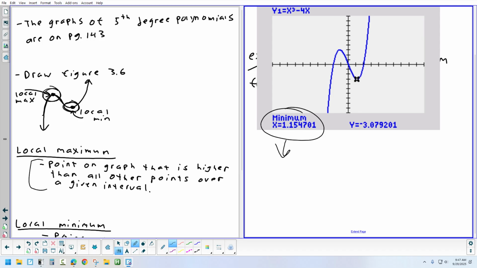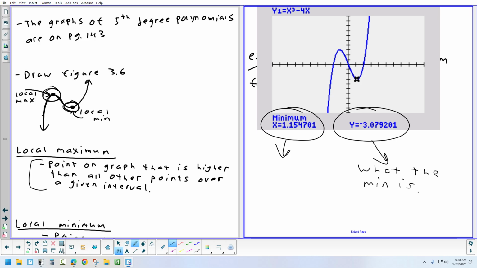This and this are two different things. They're each part of the coordinate for the minimum. This is what the minimum is. So if I said to you, how low does the function actually go in this region? You would say it goes down to negative 3.08. And then if I said, where does that happen?